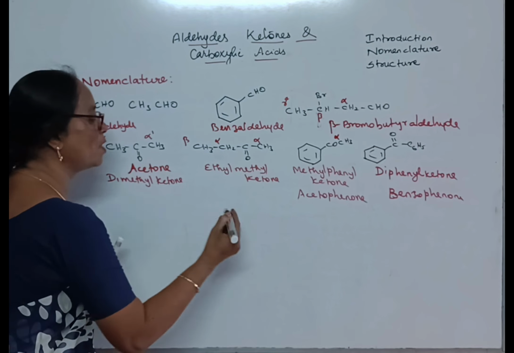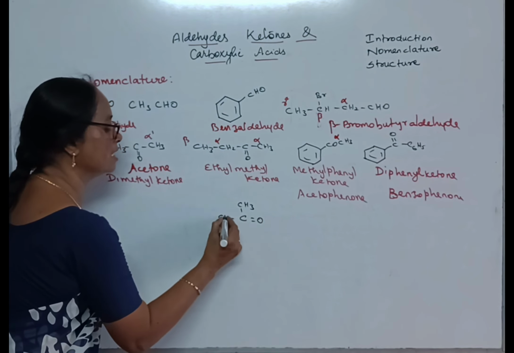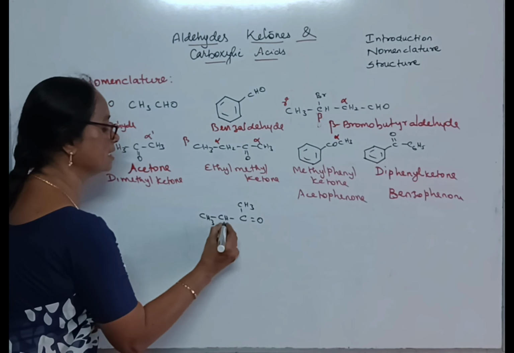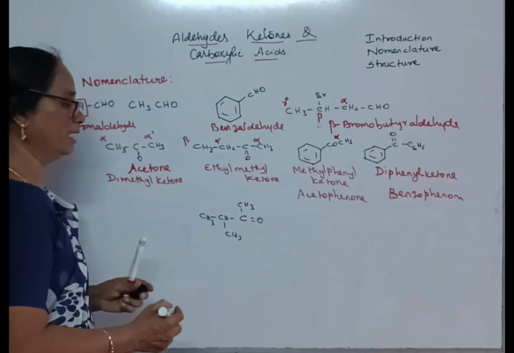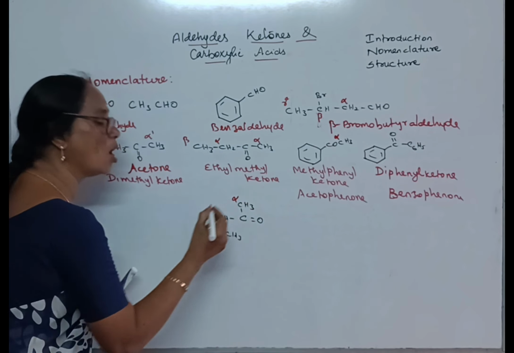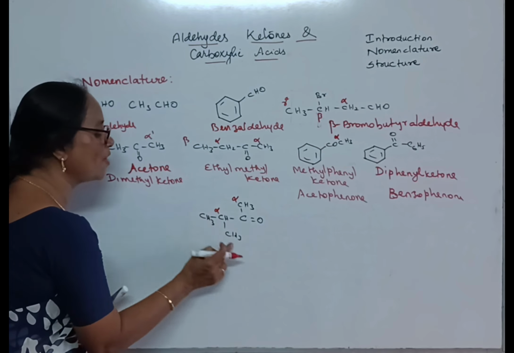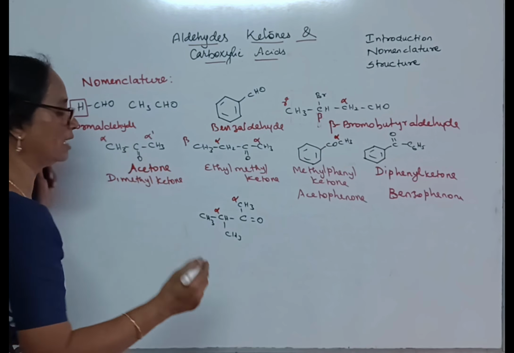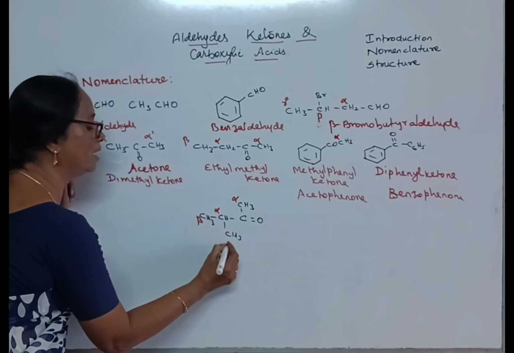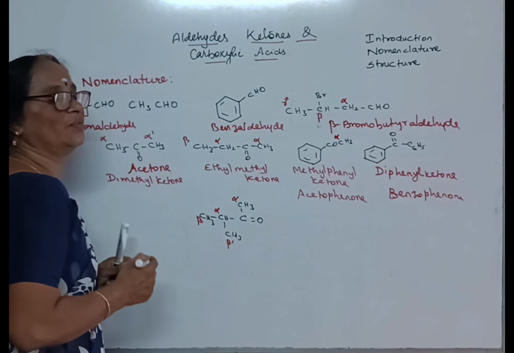See, compounds like C double bond O, CH3, CH, CH3, CH3. In this case, this is the carbonyl group and this is an alpha carbon, and this is an alpha carbon. This alpha carbon has 2 identical substituents. So this is beta, and this will also be beta. So we give beta, beta dash.